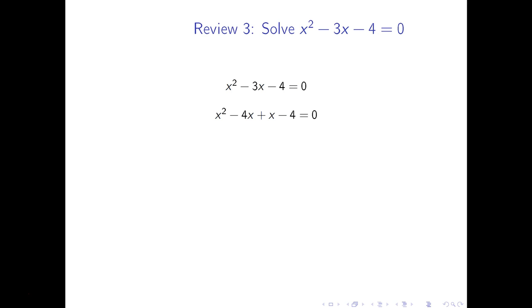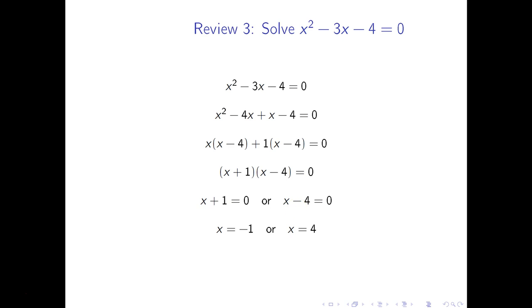So as you factor this, you can break up that middle term, because the numbers that multiply to -4 are -4 and +1. Factor by grouping, and you end up with x plus 1 and x minus 4. Once these are factored, remember to set each factor equal to 0 and solve them, so we end up with x equals -1 or x equals +4, and indeed that's just our final answer.